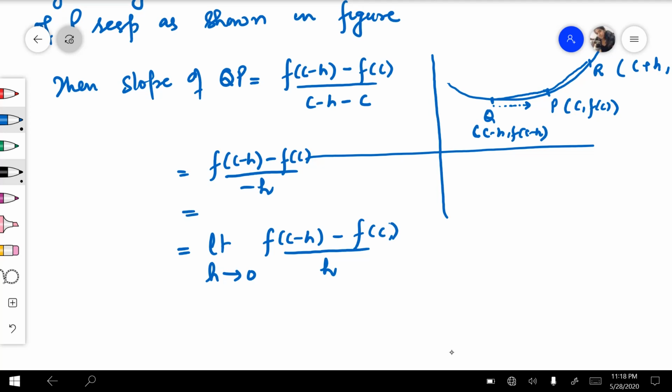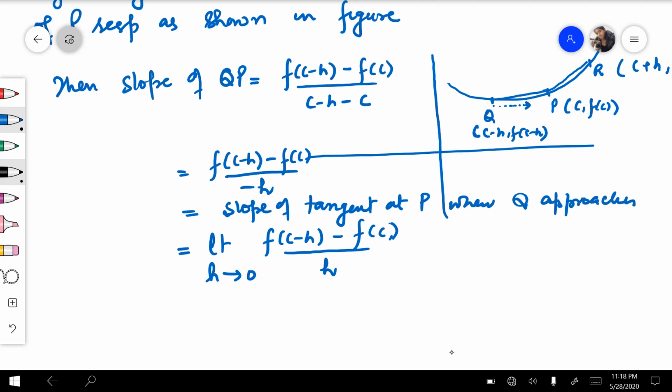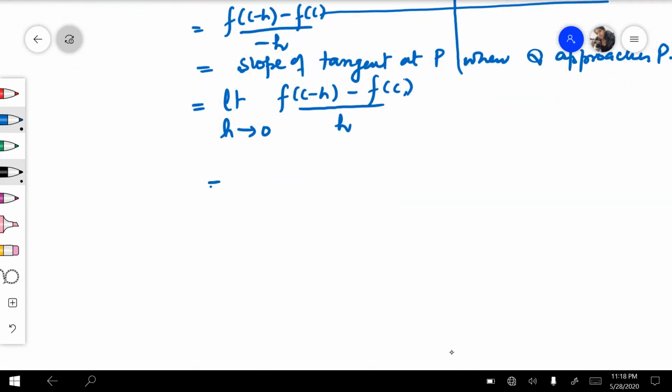So this chord QP will become the slope of the tangent at P when Q approaches P. So that means as Q approaches P, this is f of c minus h minus f of c upon minus h.